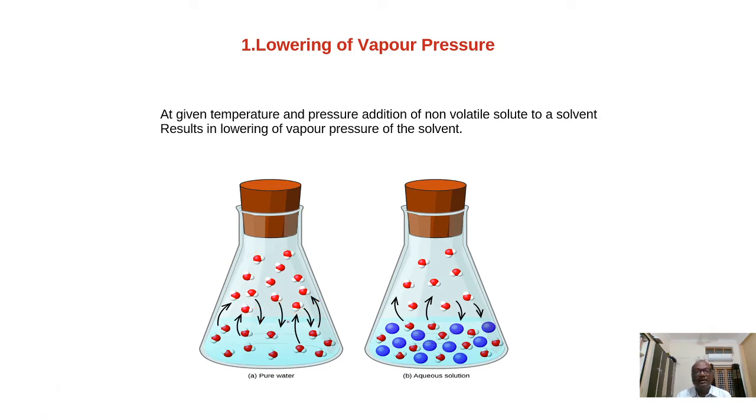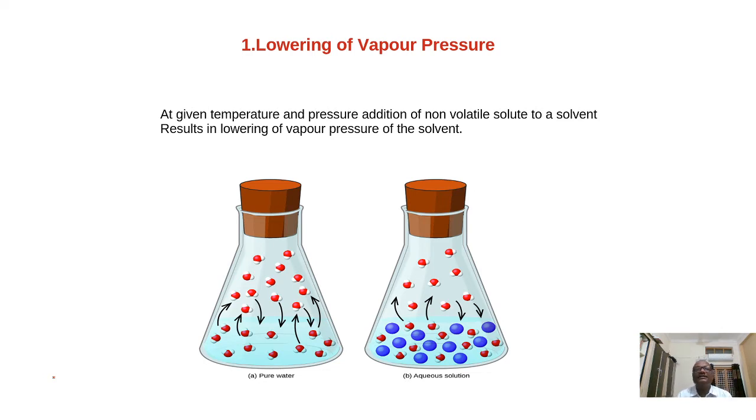Next, in this pure water, now we are dissolving a solute. These blue dots represent the solute particles. When a non-volatile solute is dissolved in a liquid solvent, what happens? It will homogeneously distribute in the solution, so a solution will form.